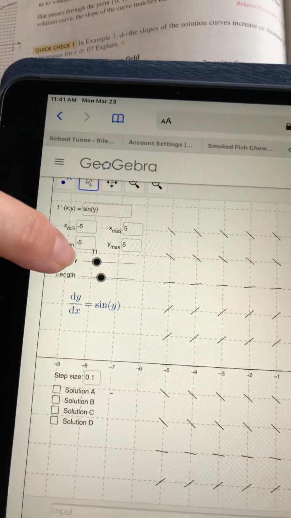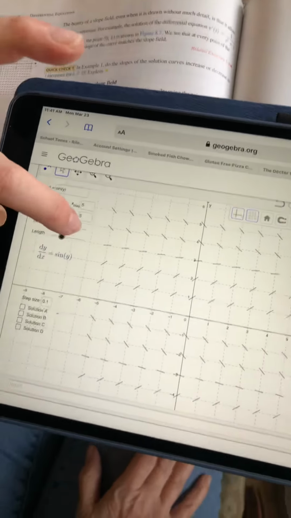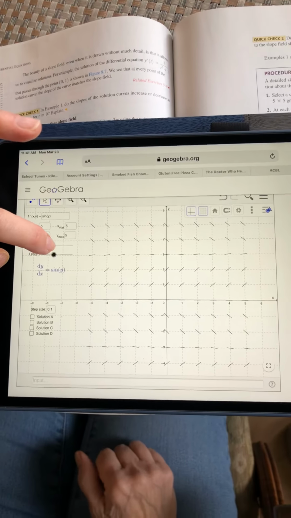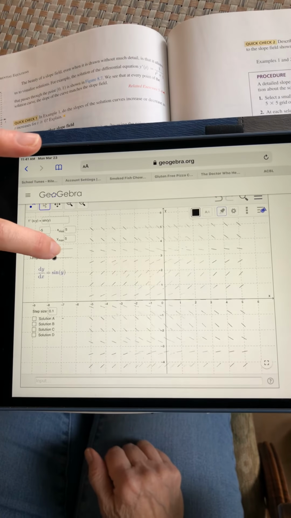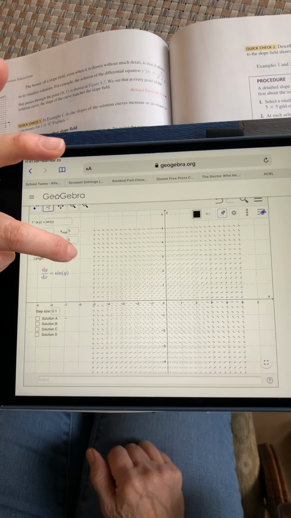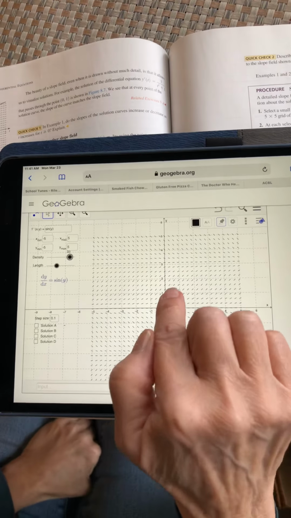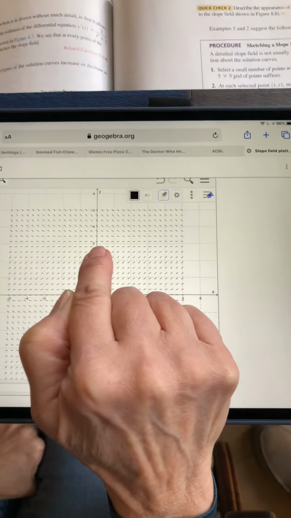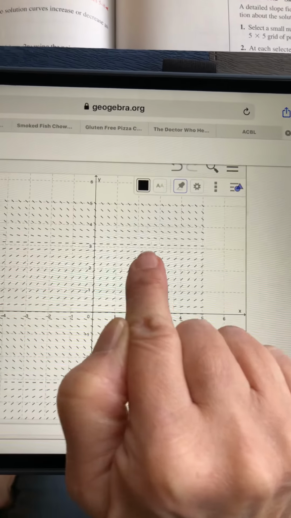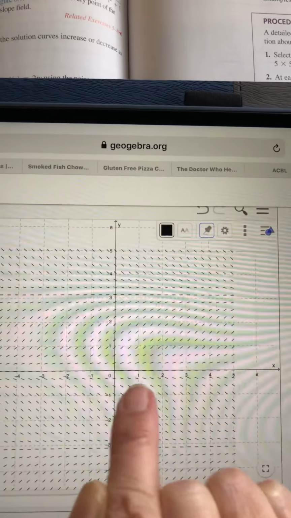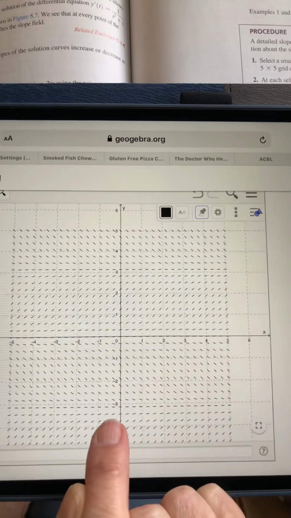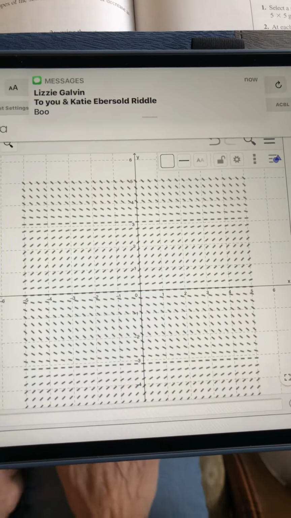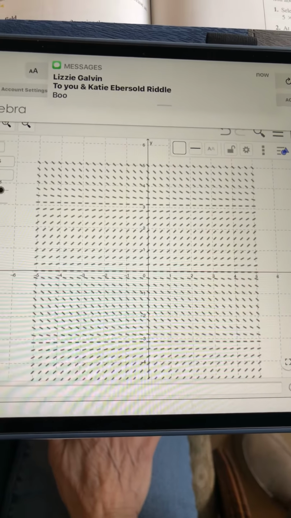They have a little density slider, so I could have it be a better slope field than that, and watch those solutions just come into play. We said at pi there's an equilibrium. Look, there's the equilibrium just a little bit bigger than 3. There's one of the equilibriums. Here's another one of the equilibriums. Here's another one, just a little bit less than 3. You can see that.